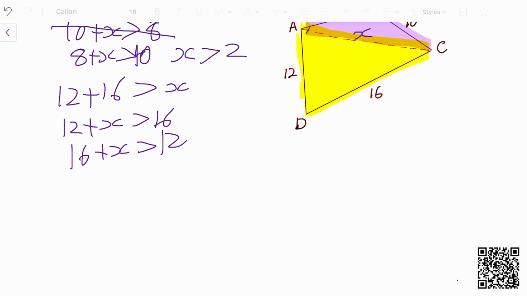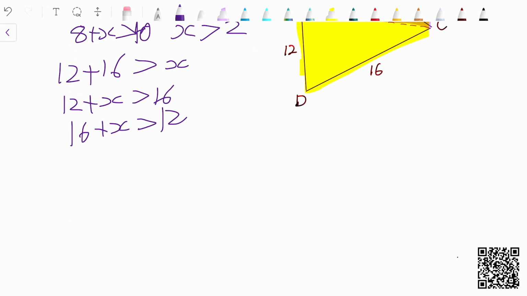Just like the first set of equations, unless x is a negative number, the 16 plus x equation is always true. Therefore, this bottom equation is not necessary. So the top equation says that x has to be less than 28. And 12 plus x is greater than 16. Therefore, x just has to be greater than 4.